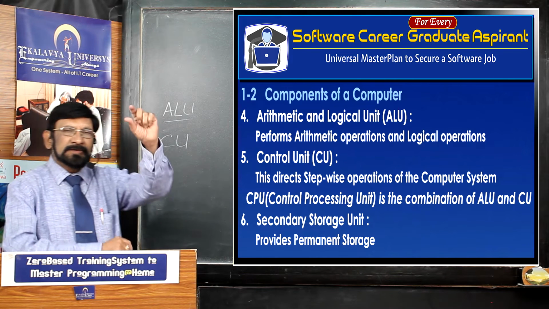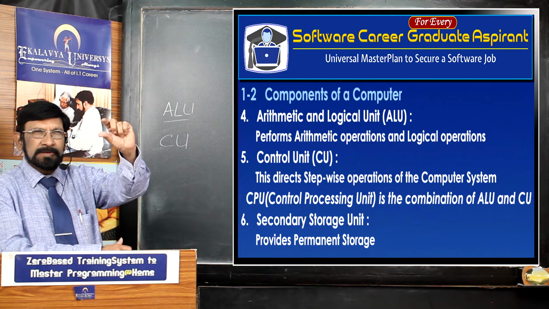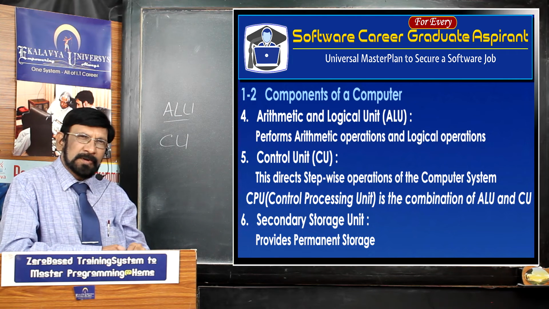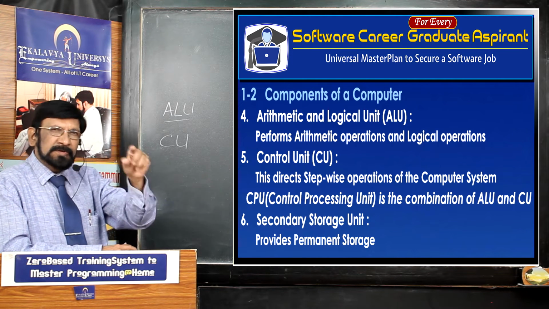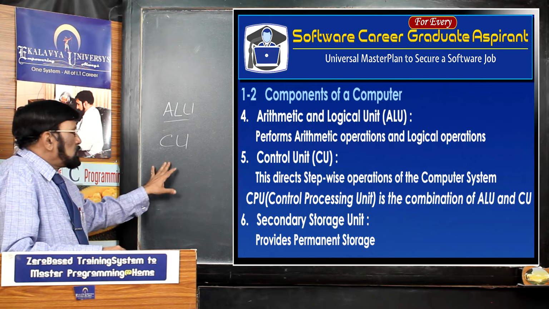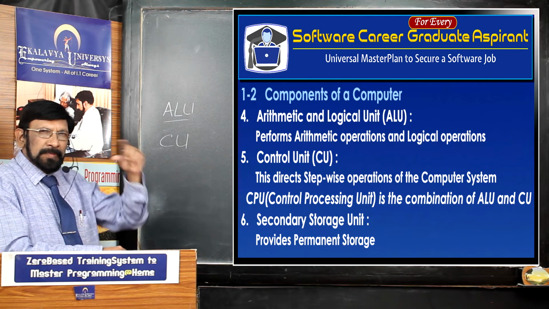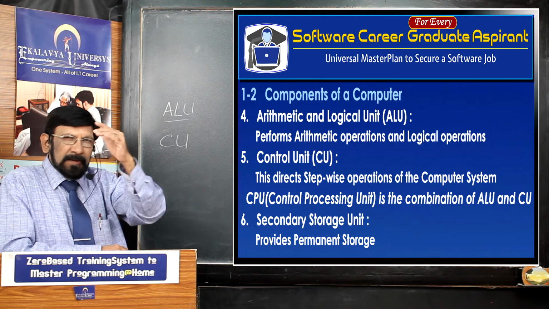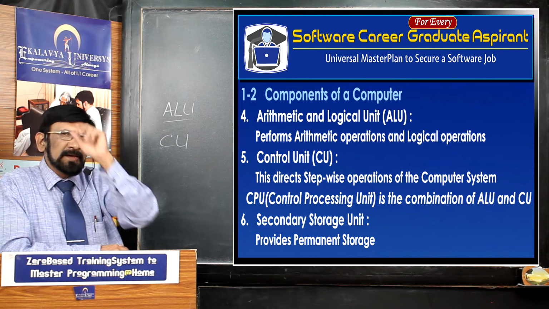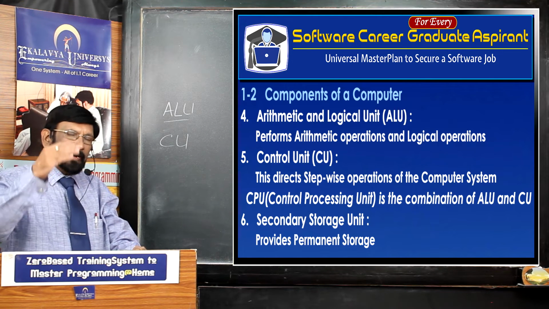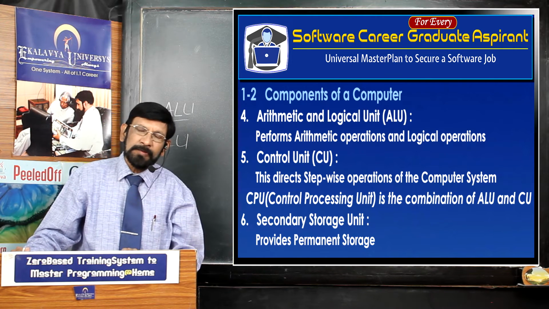Then there is a CEO, the Chief Executive Officer, who is the controller, whatever the name may be. Under his control, all departments work in a synchronized manner. Then only the task of the organization is performed.